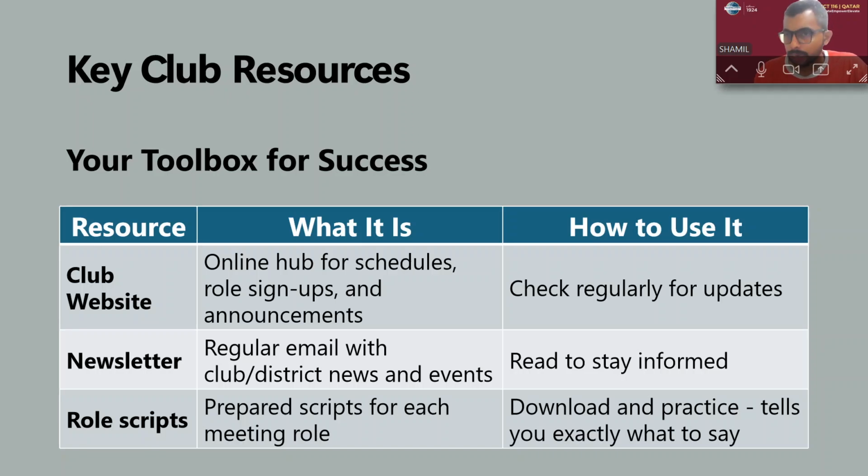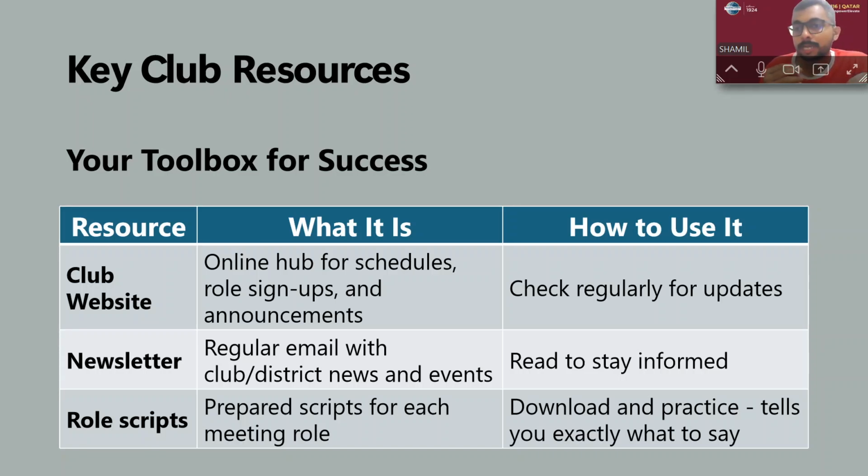So the first thing is the club website. Now it's not necessary that every club will have a club website, but there are clubs which host a website, and they will have several pieces of information posted there. For example, there will be information regarding the upcoming meetings, and information about the past meetings, like what activities have happened in the past.